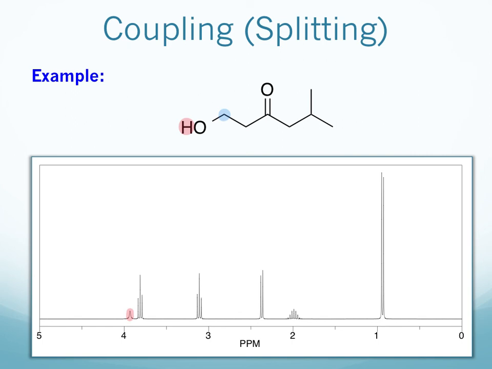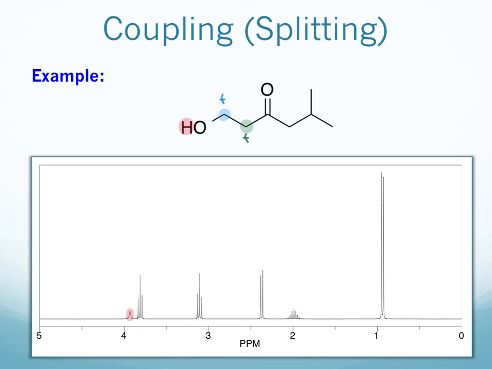Well, on the neighbor, which is right here, there's two hydrogen. 2 plus 1 is 3, so we would expect that to be a triplet. Okay, let's also go to this next one and look at it as well. The one in green. Again, we only have one neighbor that has protons, and this has 2. 2 plus 1 is 3. That will be a triplet. So we see two triplets in this NMR spectrum.